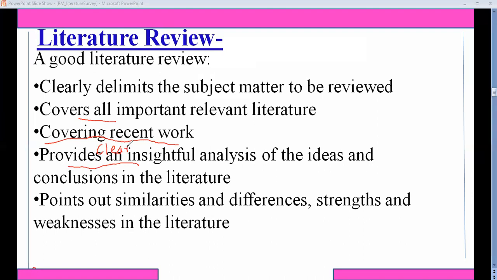So your reviewer of the thesis should be happy to see that you have done a very clear, insightful analysis of what others have done, their ideas, their ways, their conclusions, and then you reach the gap. And that gap you are finding with your research. That is very important here.